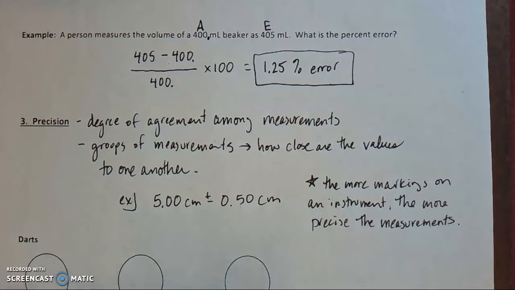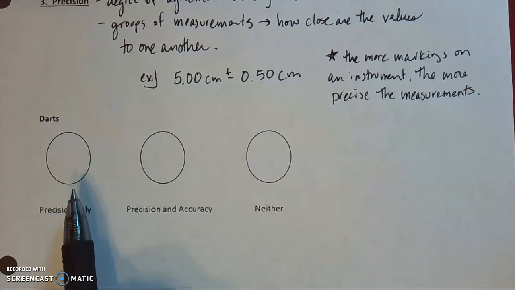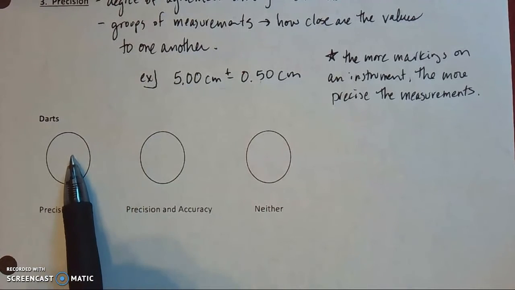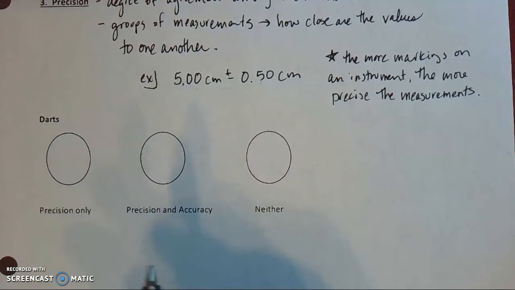So we can look at a game of darts to explain precision and accuracy. If you are precise, that means that your measurements are all grouped together, but it might not be accurate. If you're playing darts, accuracy is going to be right in the middle. So getting each measurement right in the middle, you would be accurate.